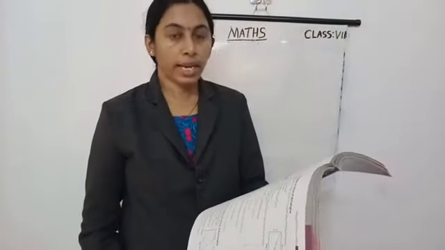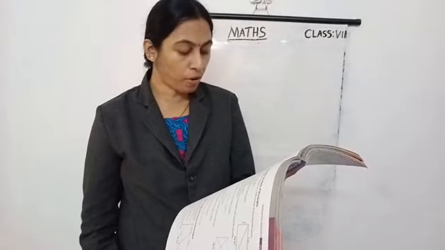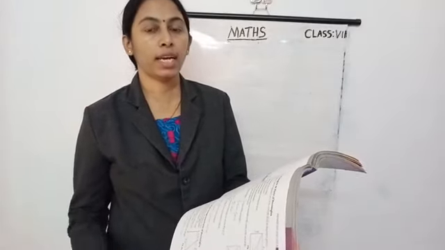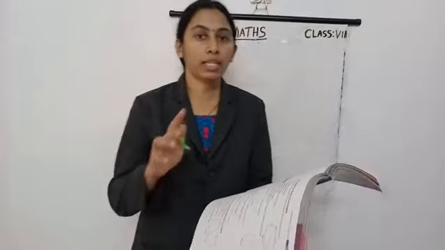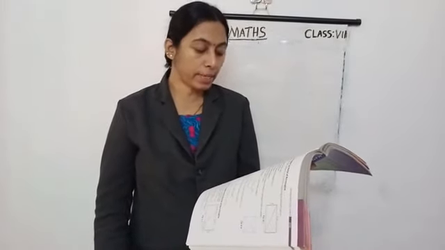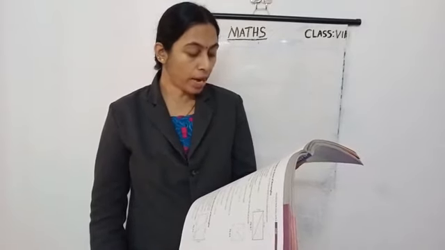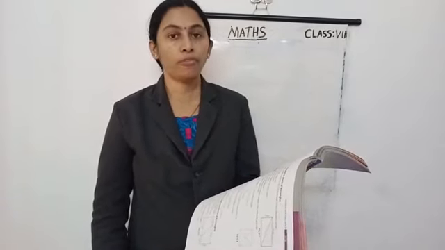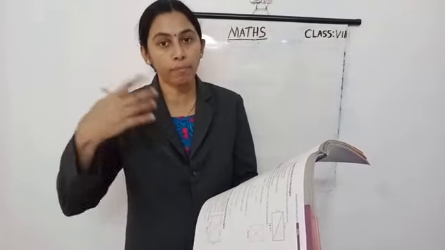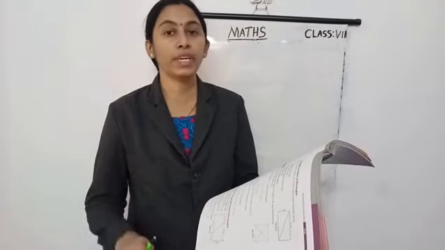Okay. Next, question 6. A wire is in the shape of a rectangle. Here a wire is given in the shape of a rectangle. Its length is 40 centimeter and breadth is 22 centimeter. If the same wire is rebent in the shape of a square, what will be the measure of each side?